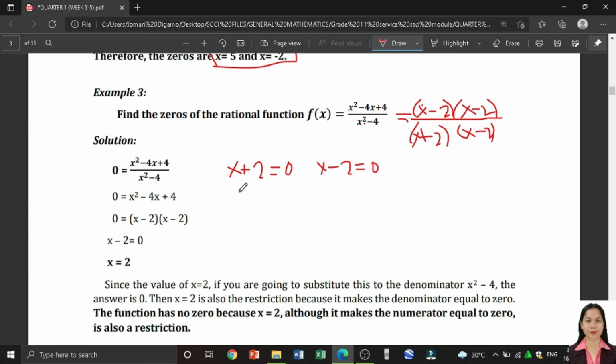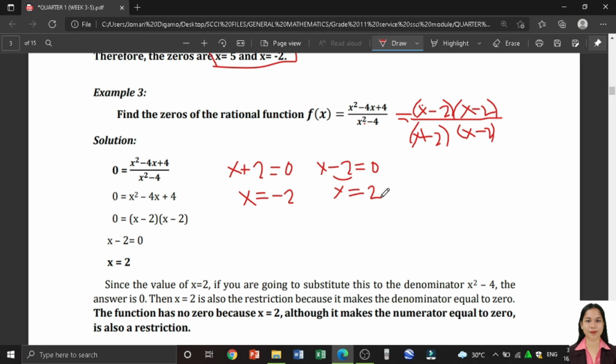So in the first factor, x is equal to, since this is positive, transpose this to the other side, so it becomes negative. So x is equal to negative 2. Then x is equal to positive 2. Since this is negative 2, transpose to the other side, so it becomes positive 2, or we use the addition property of equality.